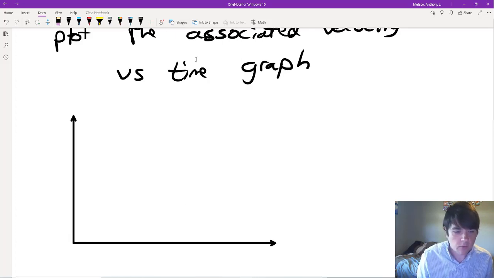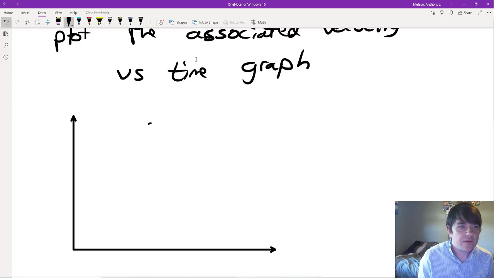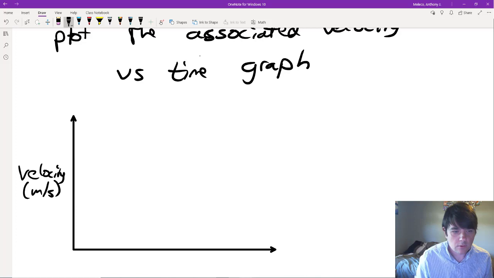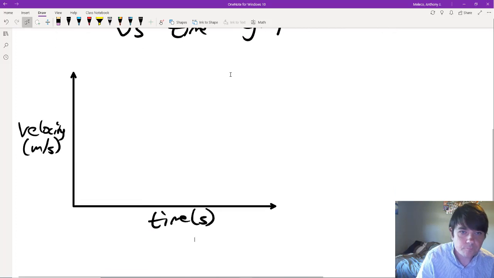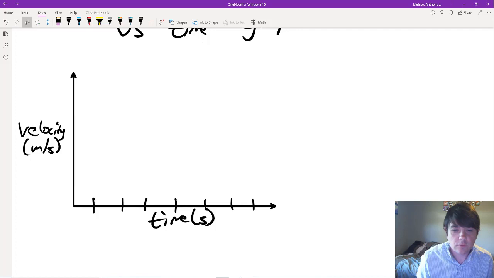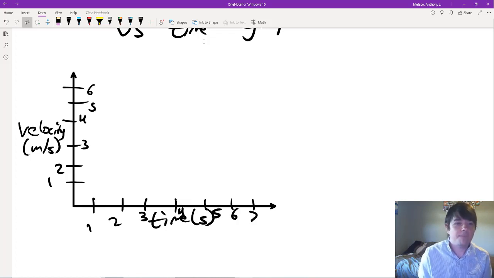Let's get this out. Oh, I even have arrows. Okay, cool, I'll use this one. So we want to plot velocity versus time, and it's based on that object not moving. 1, 2, 3, 4, 5, 6, 7.